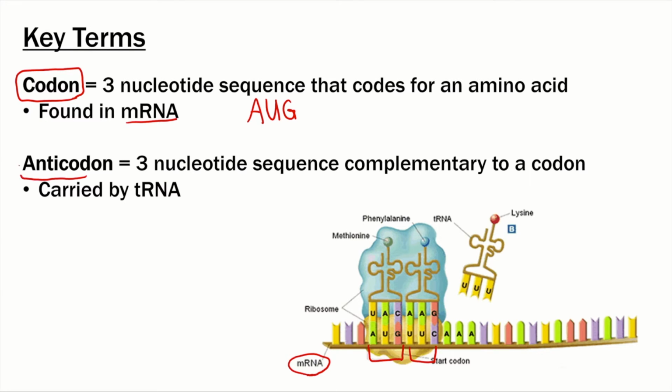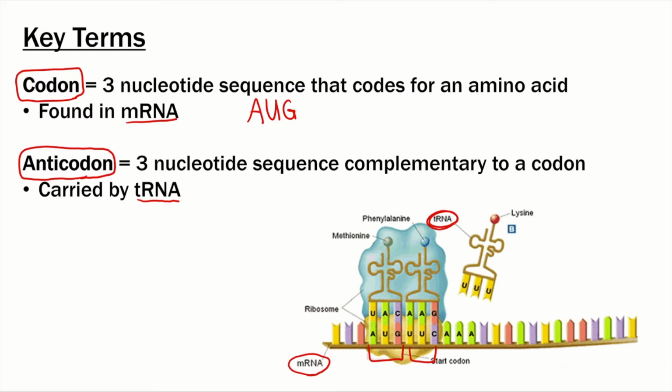Another important term here is an anticodon. So this will also be a 3-nucleotide sequence that's going to be complementary to each codon. But in this case, this will be carried by our tRNA, or our transfer RNA, which we can see over here.